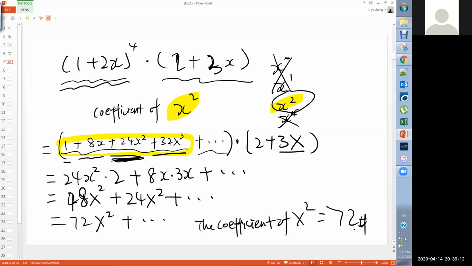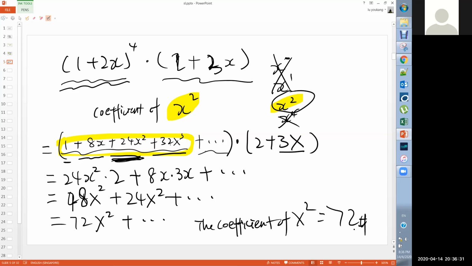Okay. So far so good. This question is something we haven't talked about, but it's quite common.